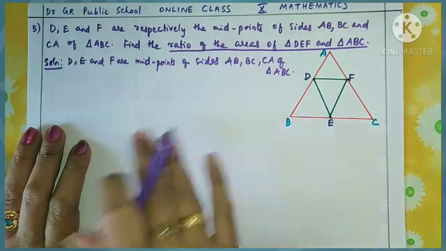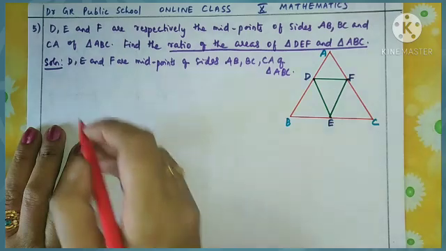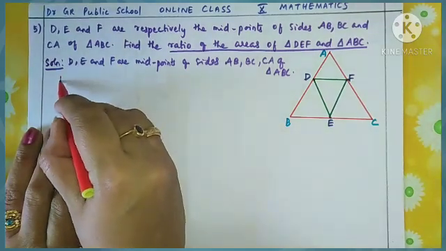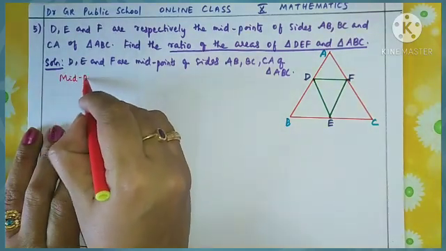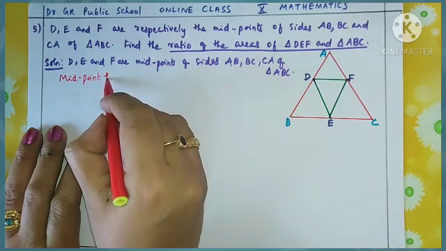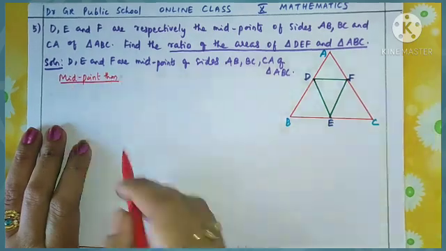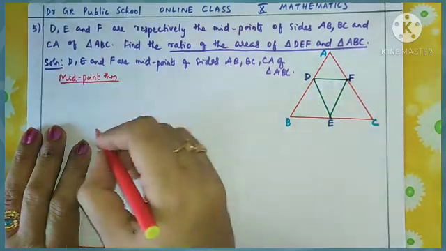Okay, so I hope you remember this result. In class 9 you studied midpoint theorem. Do you remember midpoint theorem? Yes, so that theorem we are going to apply here.